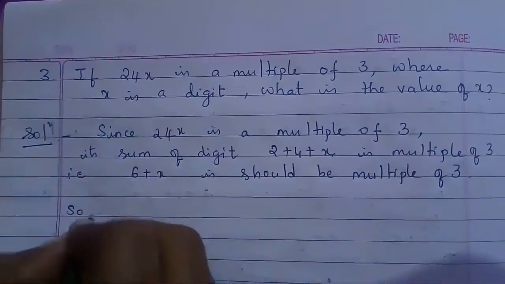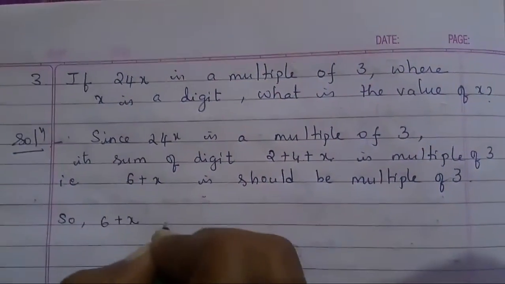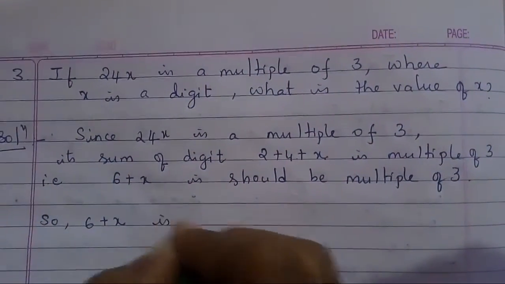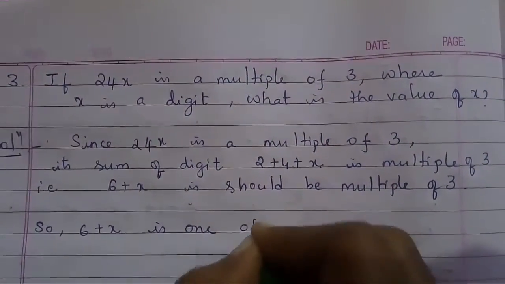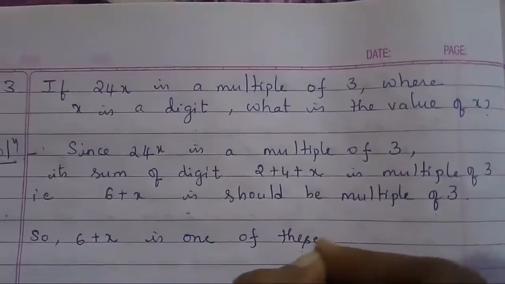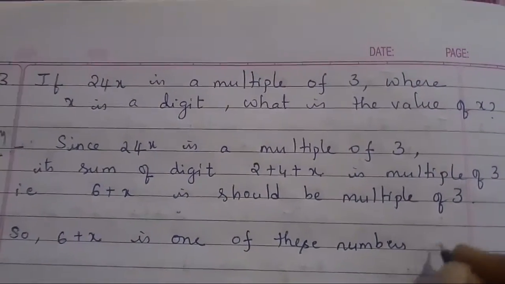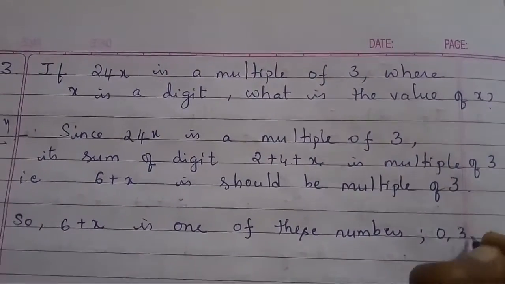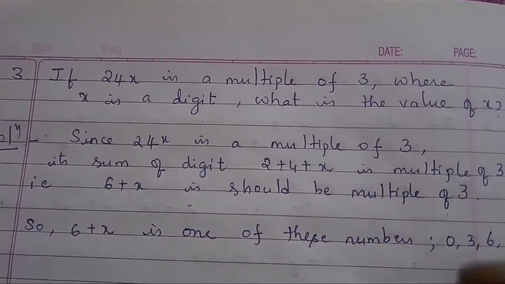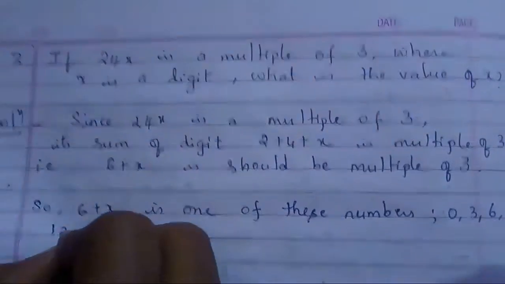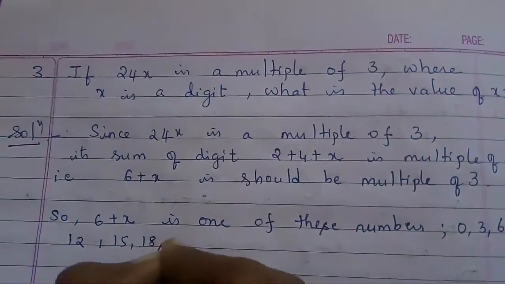Next, 6 plus x is one of these numbers: 0, 3, 6, 9, 12, 15, 18.